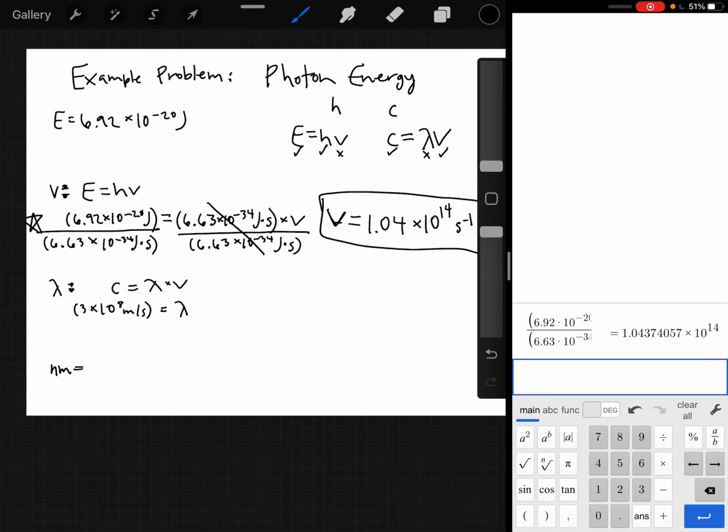I don't know lambda yet, so that's my X here essentially. And I can plug in my frequency for V, which is 1.04 times 10 to the 14th hertz.